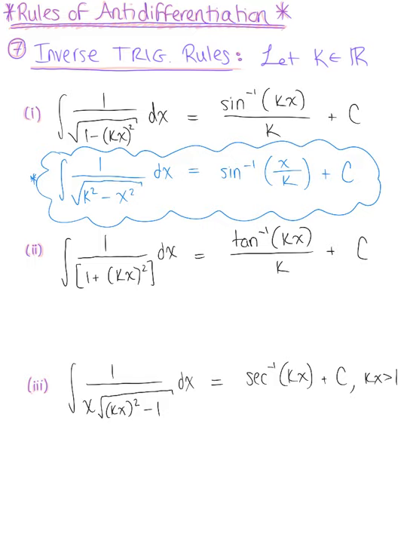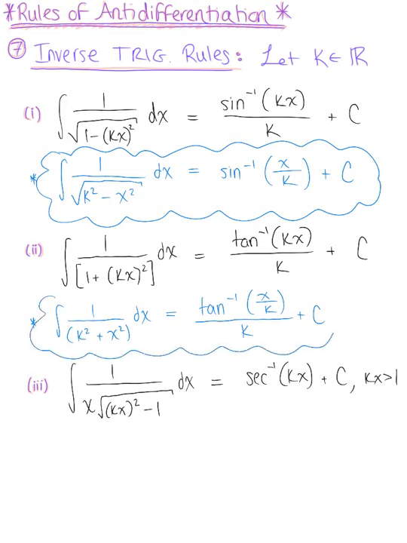In case 2, we can alternatively see the integral of 1 over k squared plus x squared dx. And this antidifferentiates to inverse tangent of x divided by k, and that's all divided by that constant k plus c. So again, this is that more generalized form.